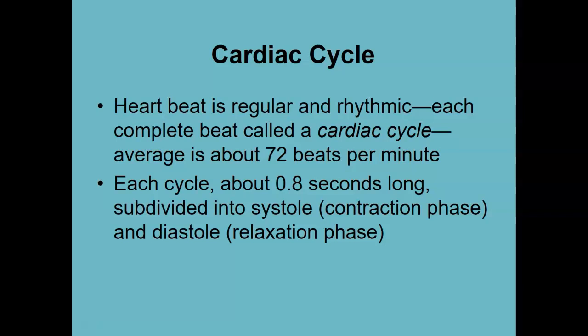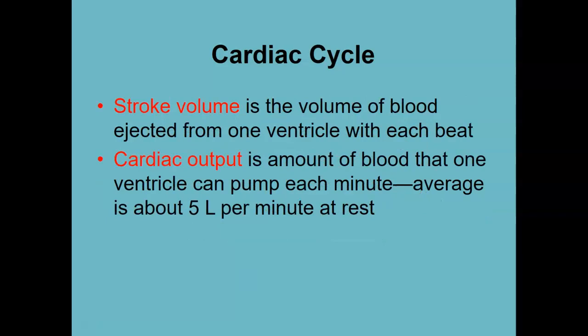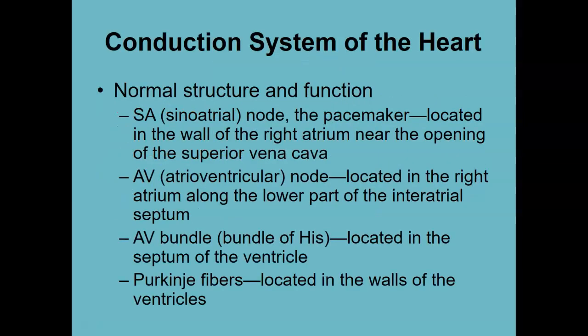Each cycle, the contraction and relaxation, should take about 0.8 seconds. So it's less than a second for your ventricles and atria to contract and relax separately. The conduction system of the heart is what's regulating the contraction.